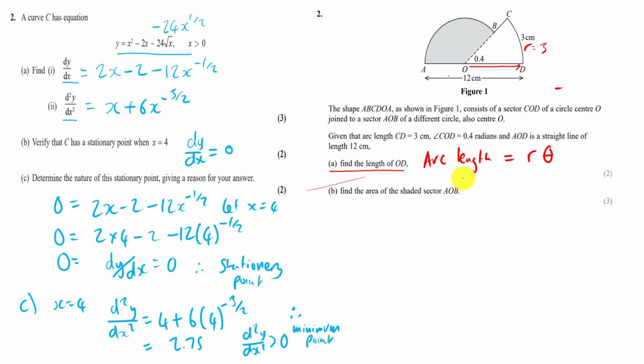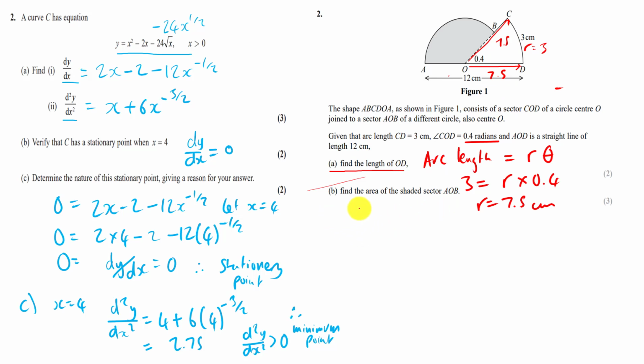So we know that 3 equals r times 0.4 in radians, so r equals 7.5. So that radius equals 7.5, so OD is in fact 7.5.